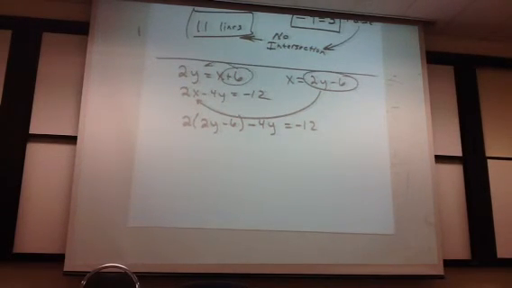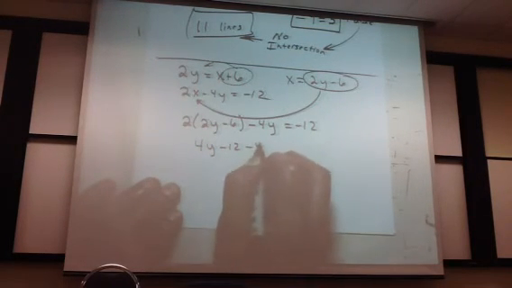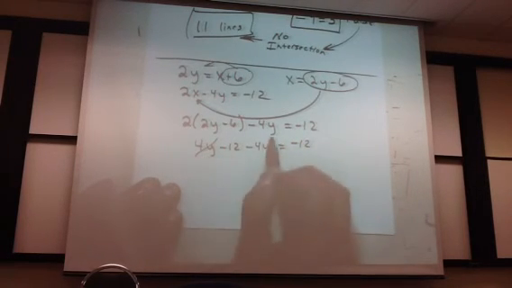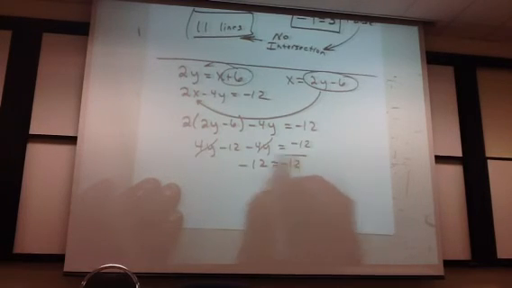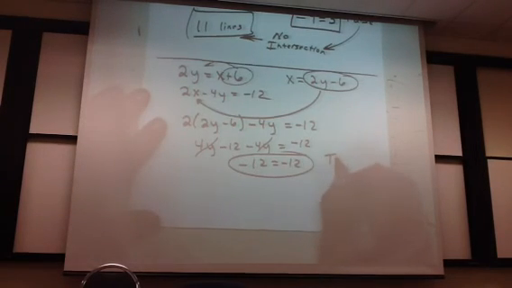A little distributive. Four y's cancel, and I get negative 12 equals negative 12. Notice, no x's, no y's. They're gone. I just get a completely true statement. Hey, negative 12 is equal to negative 12. That's absolutely true.